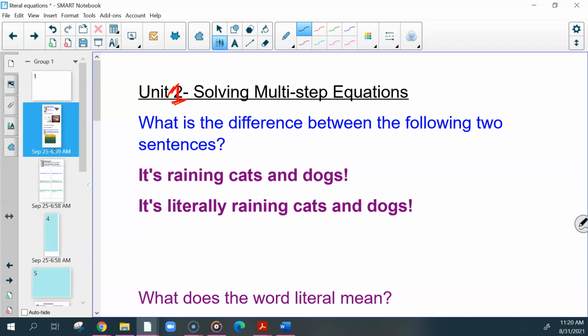It was the one that's supposed to be due today, the solving multi-step equations with variables on both sides. Did we have any difficulty with those?